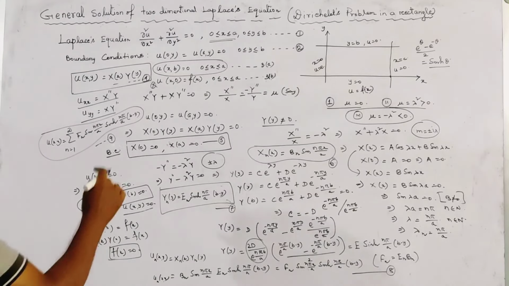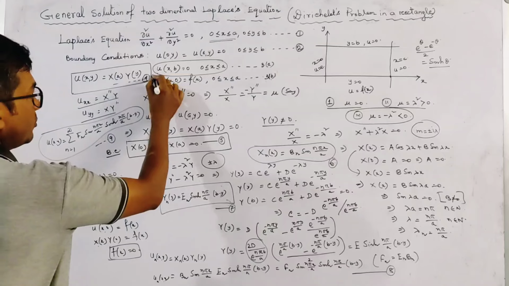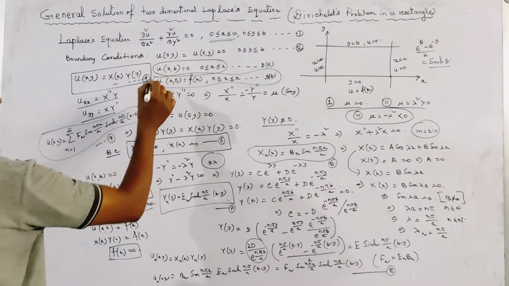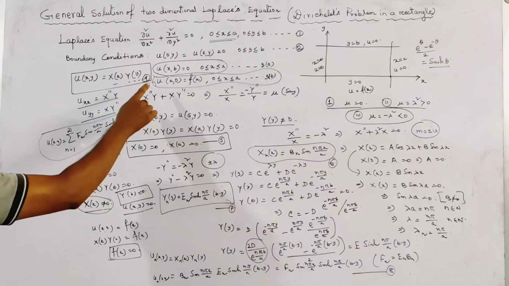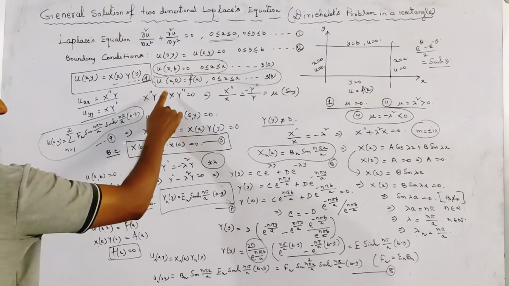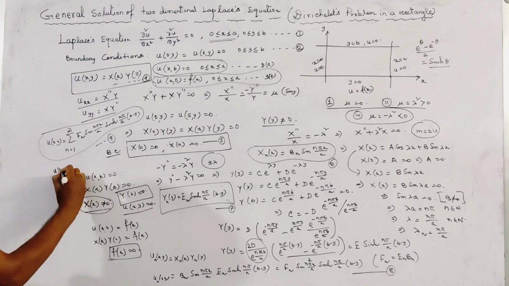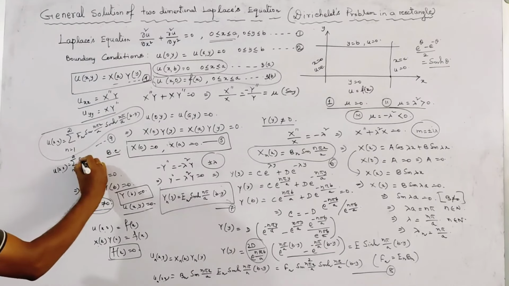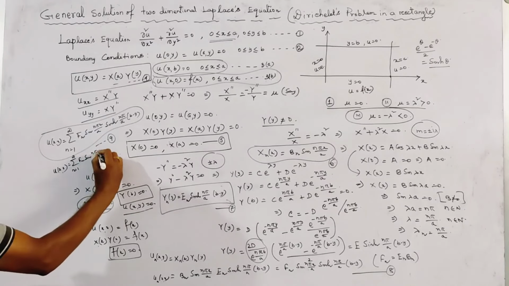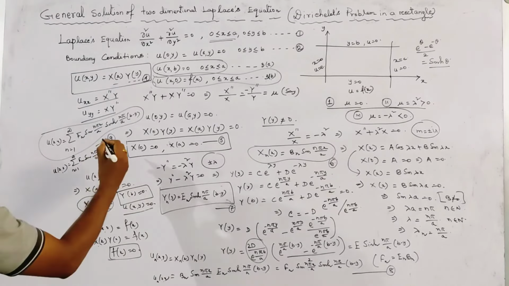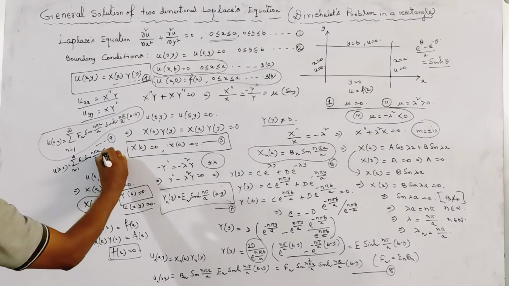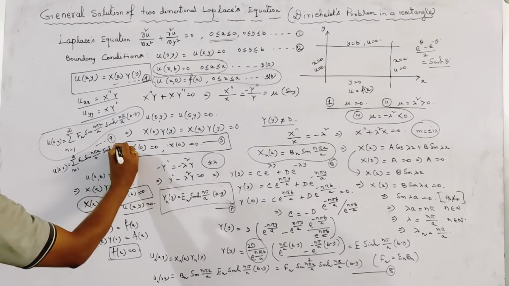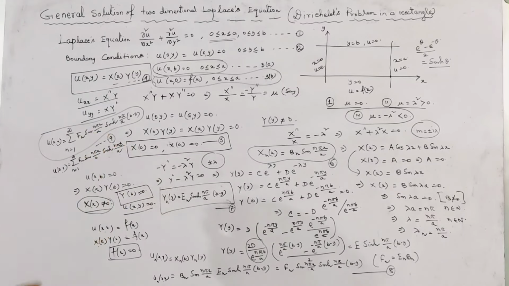Now we use the last given condition, or last boundary condition, this is relation number 3. We put here y equal to 0 first, then we get u of x comma 0 equal to summation n equal to 1 to infinity, f n into sine n pi x by a into, we put here y equal to 0, so we get sine hyperbolic n pi b by a, right?